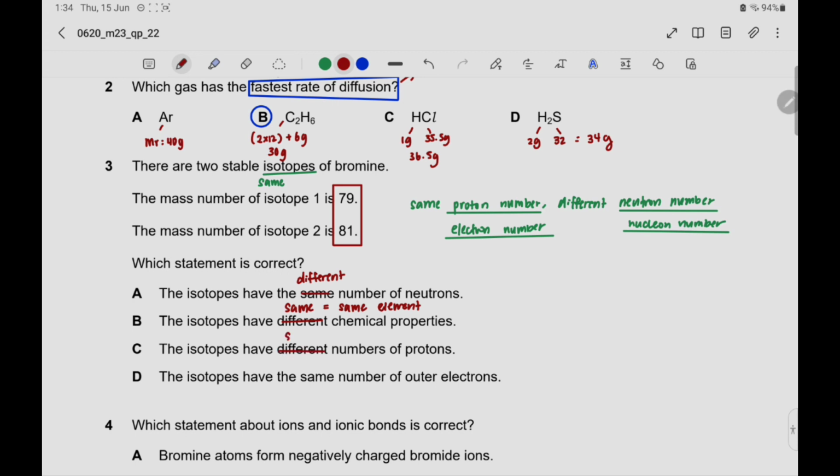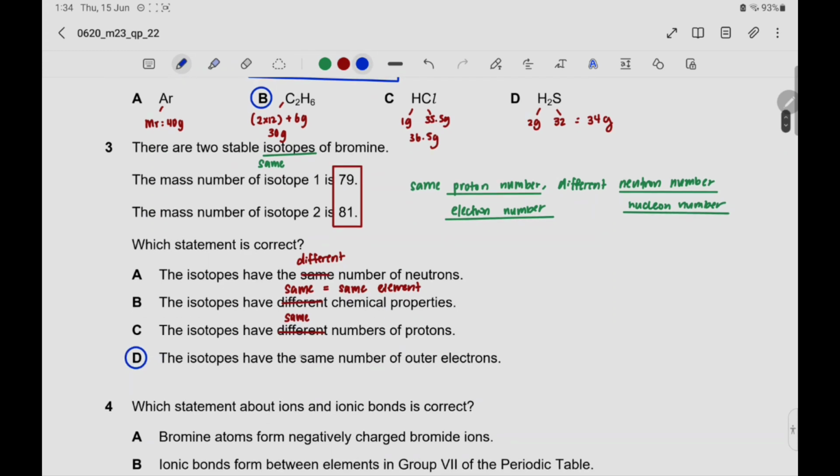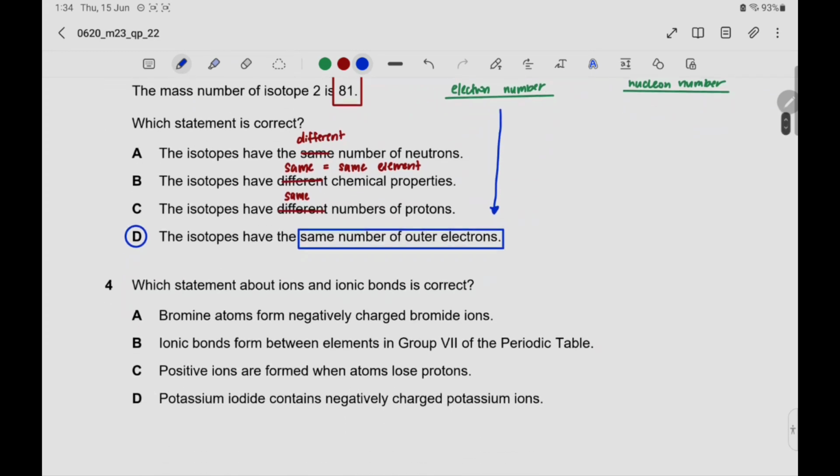They are the same element, they should have the same proton number. They have the same number of outer electrons, of course, because now we are talking about atoms. So when they are atoms, they should have the same outer electrons because, I told you, right? Proton number same, the electron number should be the same unless you are charged.